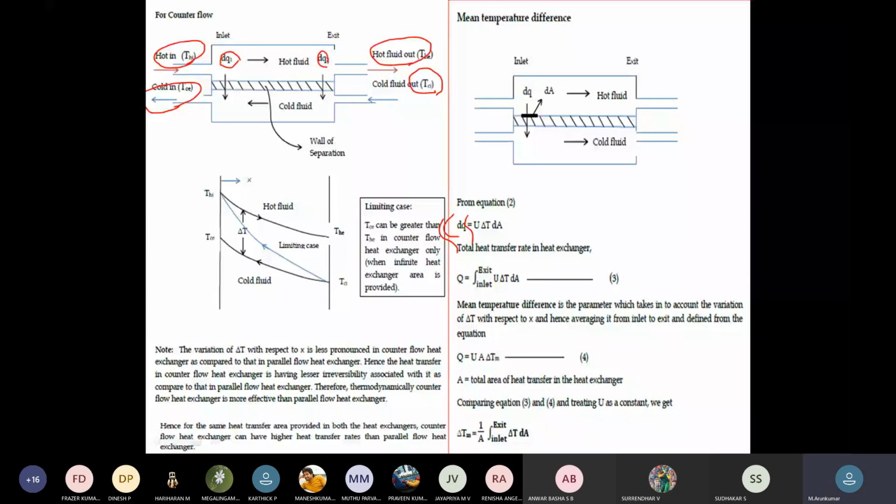If that is the case, we can cancel U. Then we have A into delta T M equal to the integration of delta T dA. So that can be written as delta T M equal to 1 by A into the integration of delta T into dA.